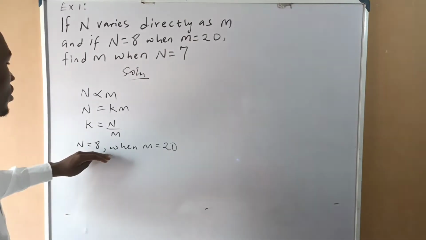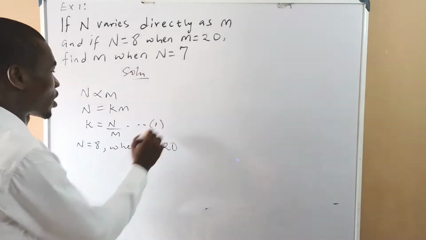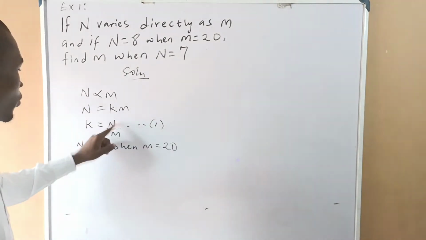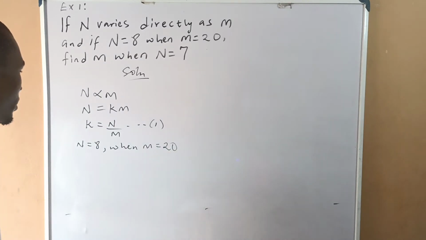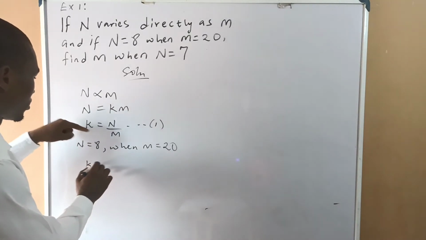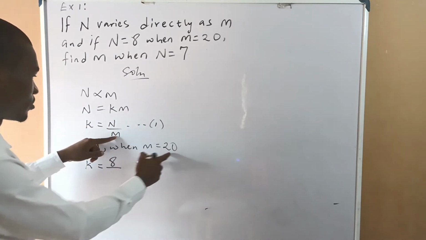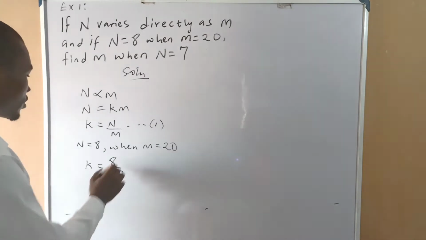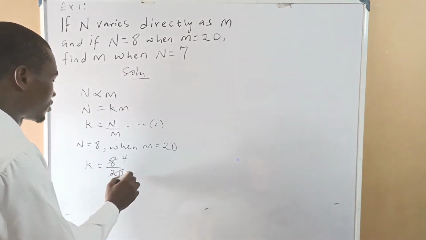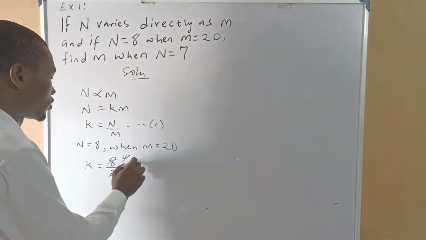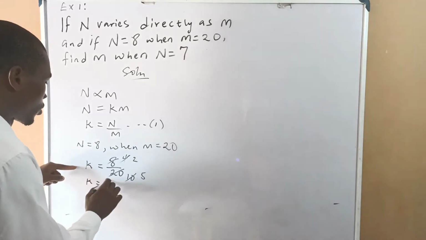So wherever we see n in this equation, assuming I call this equation 1, we replace it with 8, and whenever we see m, we replace it with 20, so that k is equal to 8 over 20, such that 2 divided into 8 is 4, and 2 divided into 20 is 10. And 2 divided into 4 is 2, 2 divided into 10 is 5, such that our k is equal to 2 over 5.